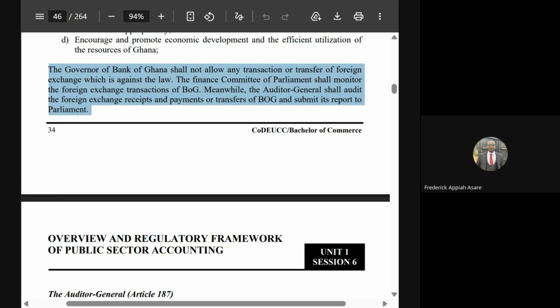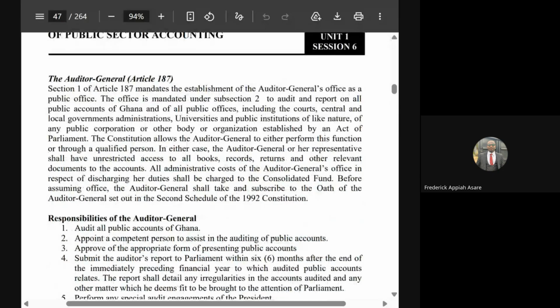The Finance Committee in Parliament will also monitor the foreign transactions the BOG will do. And even if BOG does the transaction, the Auditor General will also audit the receipts and the payments or the transfers that the BOG has done, and they will submit the reports to Parliament. So there are a lot of checks and balances between the BOG, the Ministry of Finance, the Finance Committee, and the Auditor General. So this one prevents people from misusing it.